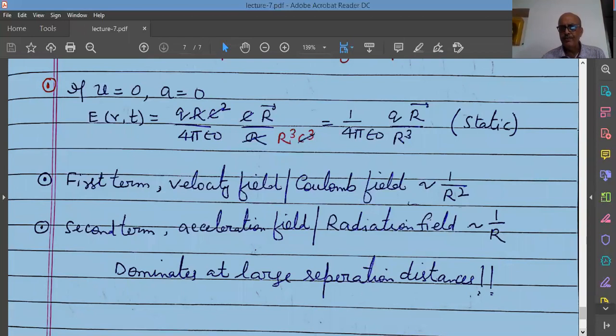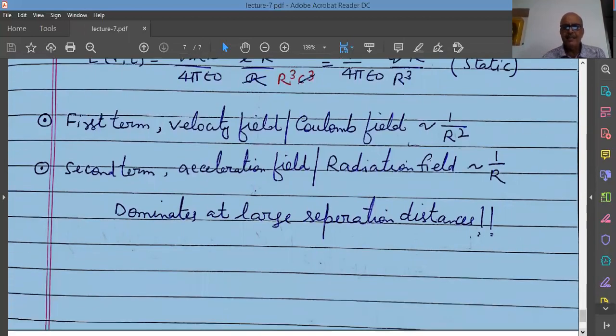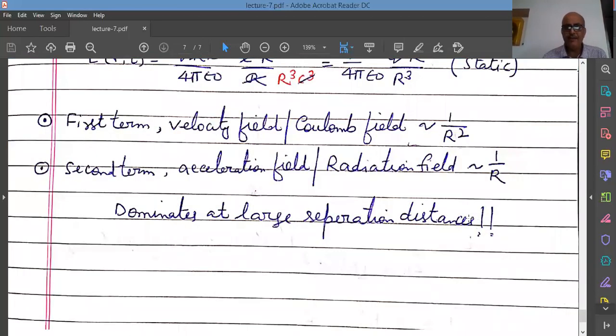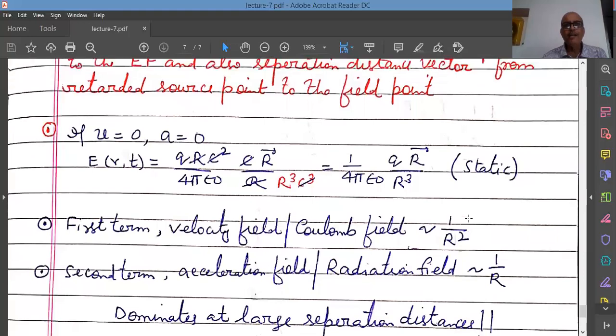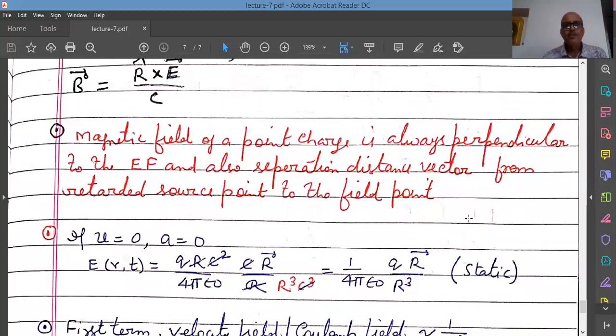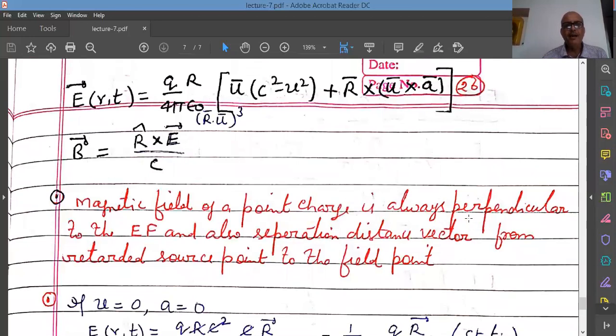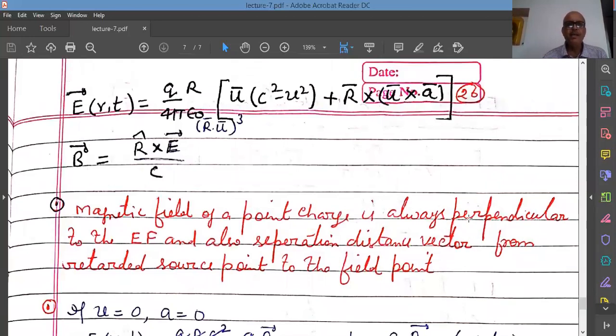So if you compare these results that we have got for E and B, we have calculated the ratio of E over B, which comes out to be c, or B is equal to E upon c. The electric field and the magnetic field are perpendicular to each other, and they are also perpendicular to R. R is a vector joining the field point to the source point, or the field point to the retarded position.